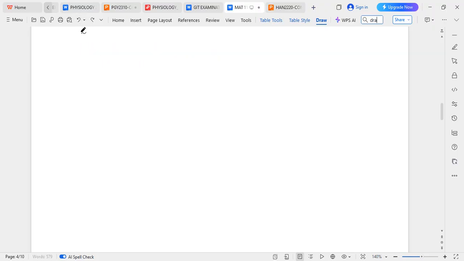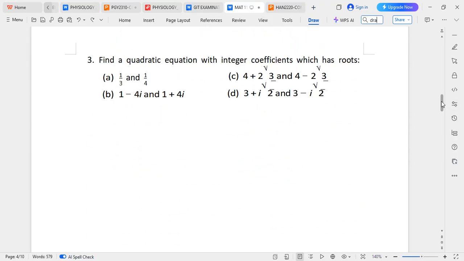Let me just remove this. So we are saying for A, when you've been given roots, the first thing you need to do is find the sum of the roots, and find the product of the roots.